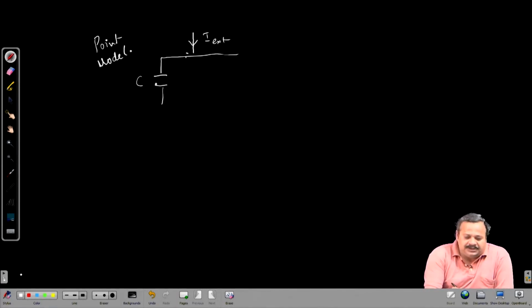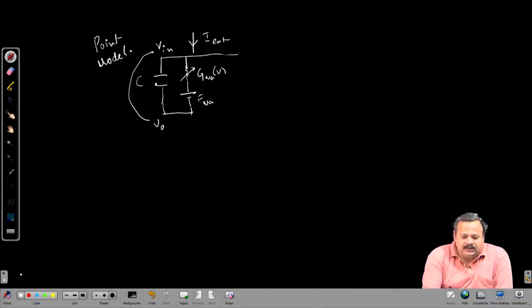The different ion channels that we have, we said that this is, let's say, the G Na as a function of V. Then we have our ENa, which is the battery representing the reversal potential of sodium. That is when the voltage V in minus V out is equal to ENa, there is no net flow, that is this I Na is 0.